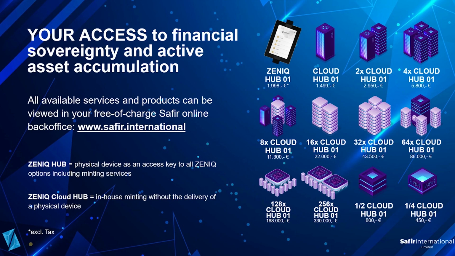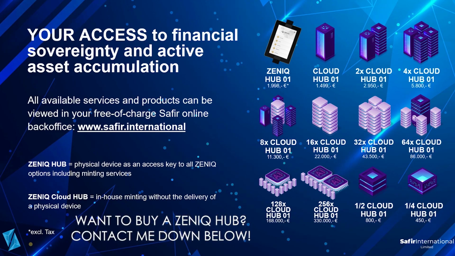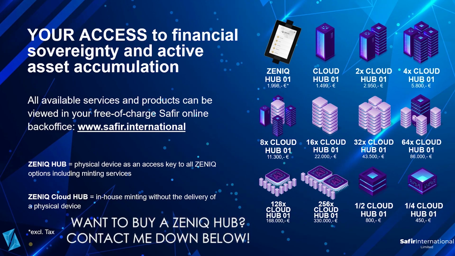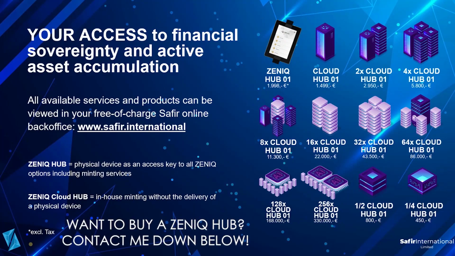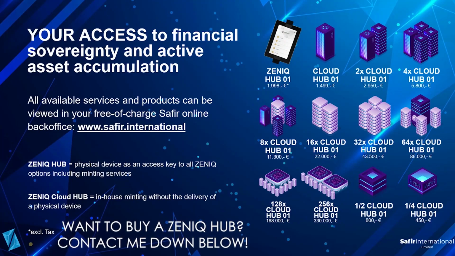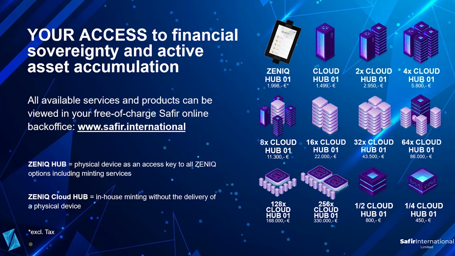So the big difference between the Zeniq Hub and the Cloud Hub is that the Zeniq Hub is the device itself that you can hold in your hand, while the Cloud Hub is something that you can't hold. It's lying at the company cellar, you can say, and it's producing coins for you that you are just managing via your Safir back office or your app.